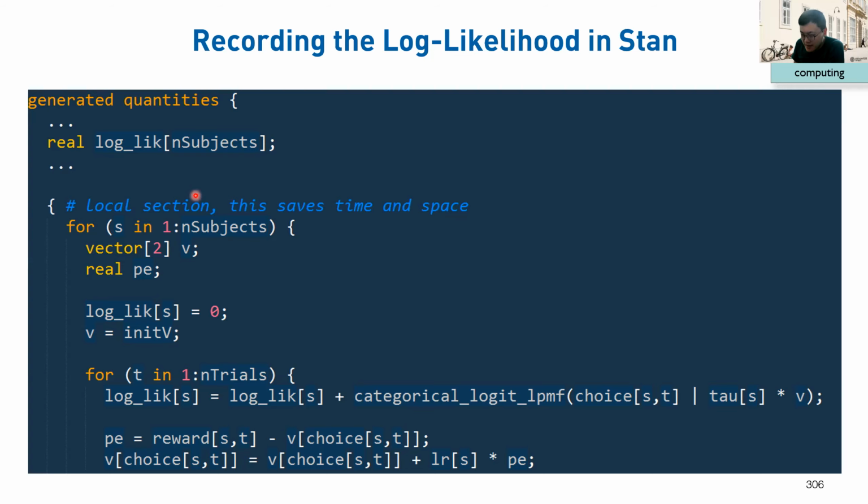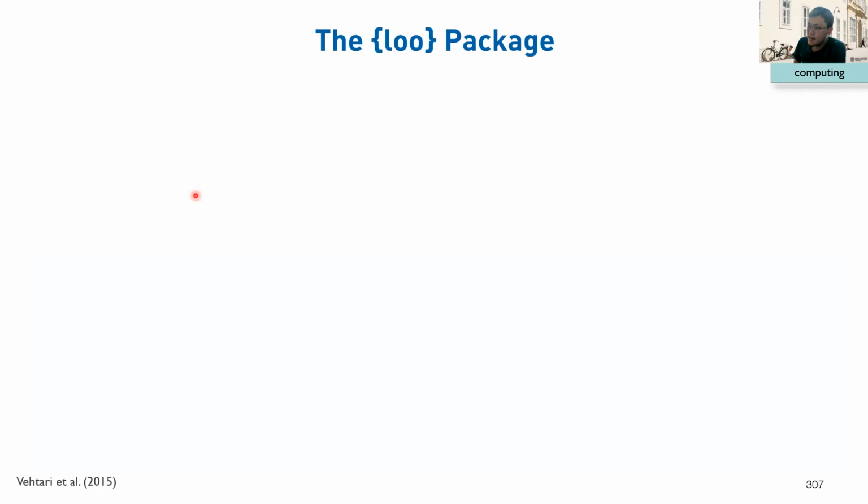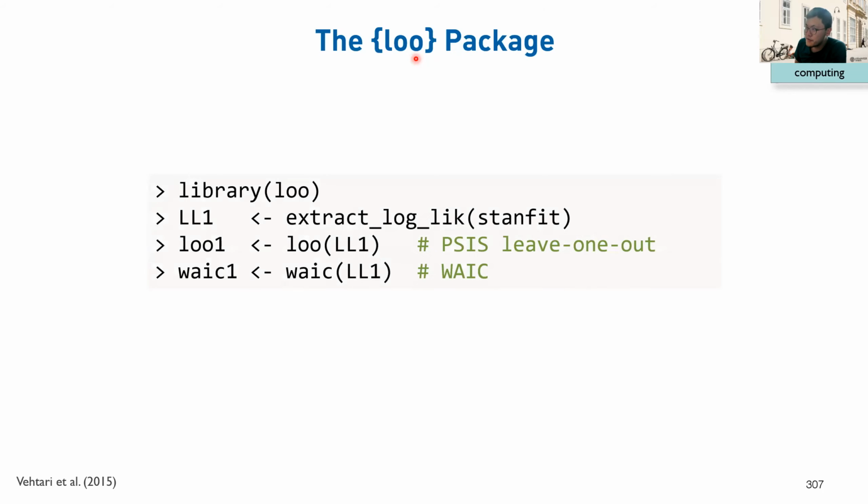We can write them ourselves, but we don't have to because there is a package called the loo package, leave-one-out cross-validation. Those are the two functions I told you. So first one is this. This is the extract log likelihood function. This is the model fitting. After applying this extraction function, we got the log likelihood.